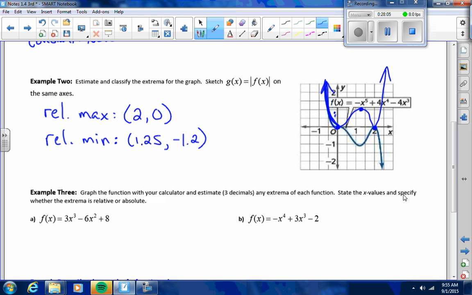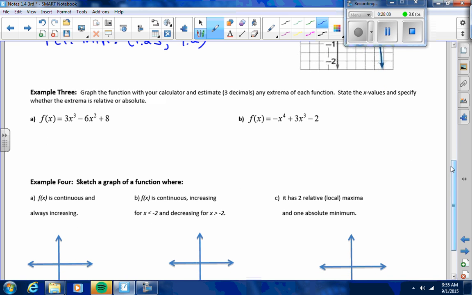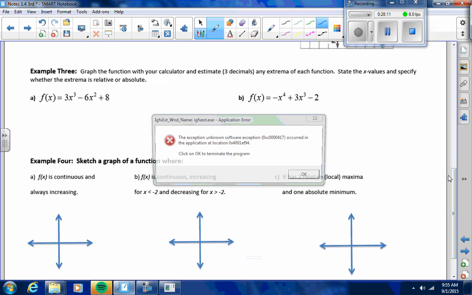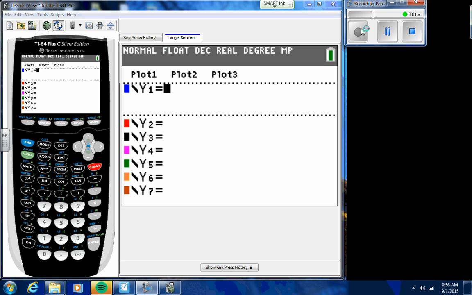Okay. Example 3. For example 3, we're going to use a calculator. So if you will, grab a calculator, whether you have your own or if you need to borrow one of mine, and then go ahead and type in that first function.